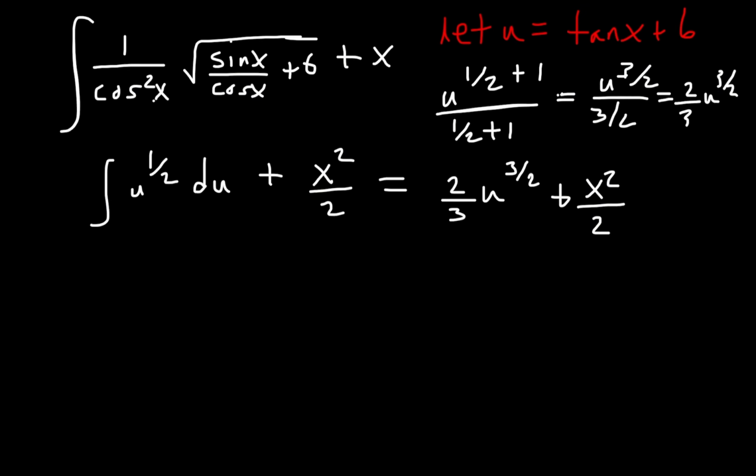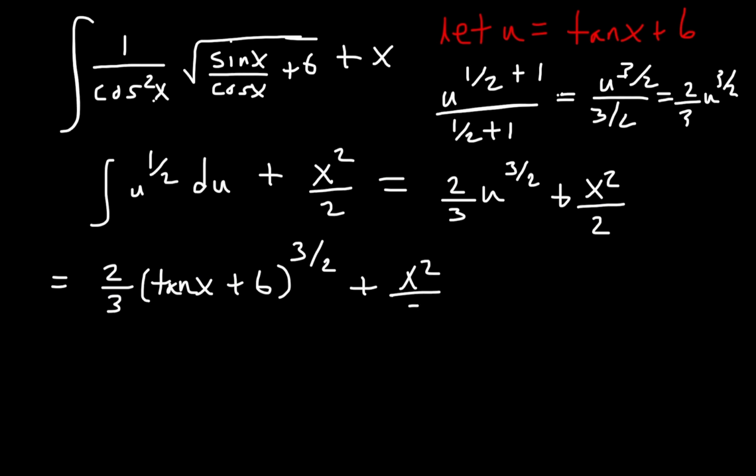So now for our final answer, we're going to replace u with tangent x plus 6. So our final answer will be 2 over 3 times tangent x plus 6 raised to the power of 3 over 2, plus x squared over 2, plus the constant of integration.